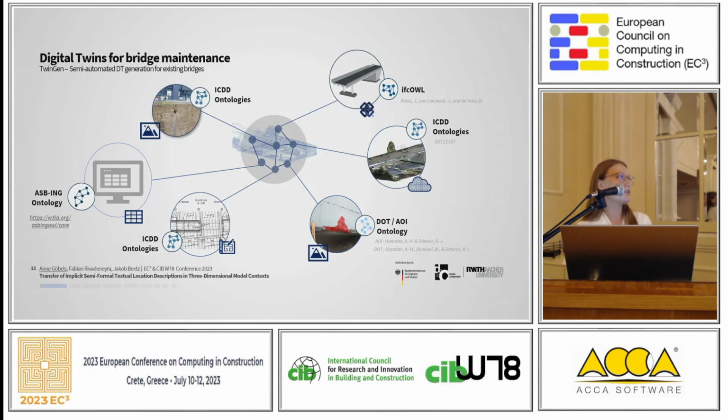In a previous task, we also converted the ASB-ING data model, which is the data model of this inspection data, into an ontology, which then allows us to convert all these databases into RDF graphs, so that from this proprietary closed system, we now have open and accessible RDF graphs, which we can then further link and process.